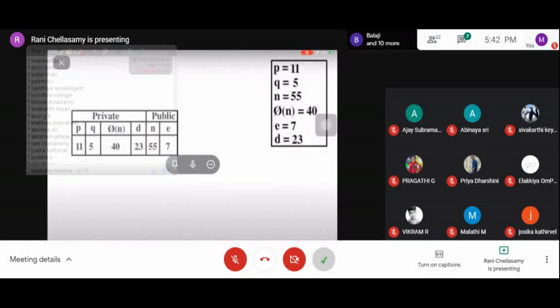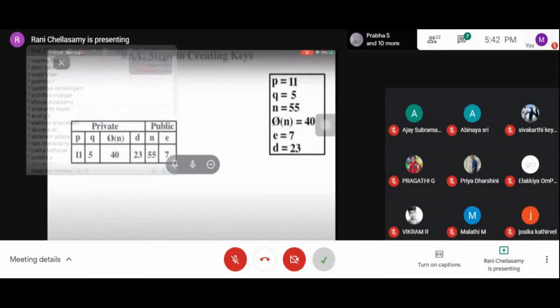Both the N value and E value will be shared by Alice and Bob. That's the concept here. Fine. So now Bob can decrypt the message as he has the decryption key D and the totient value of the RSA modulus.